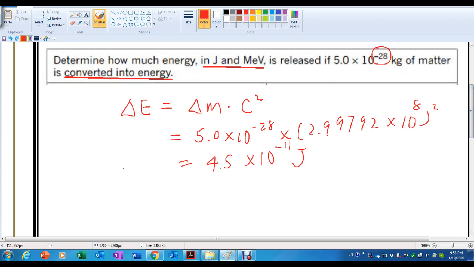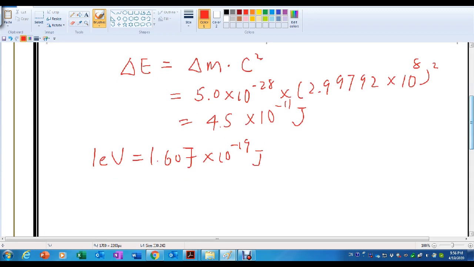Remember, 1 electronvolt equals 1.602 times 10 to the power minus 19 joule. So now if I want to convert something in joule back into electronvolt, what am I going to do? From electronvolt to joule, you multiply by that 1.602 constant, but going back, you are going to do division, right?